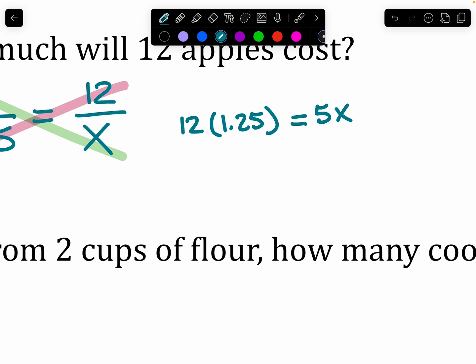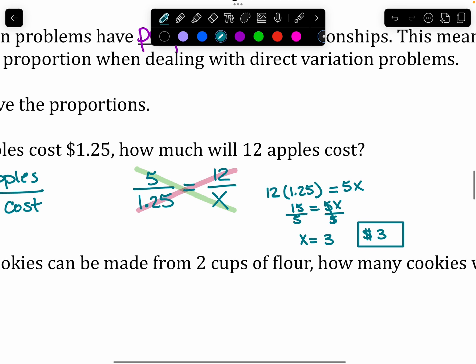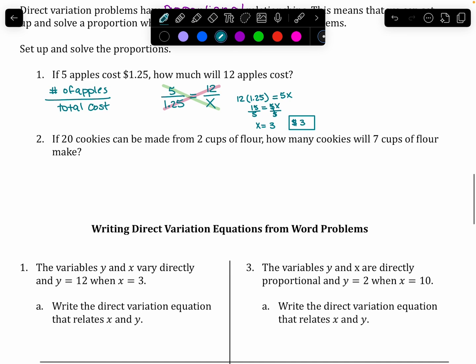When I multiply that together, I have a calculator next to me, so I apologize if you can't see what I'm doing, but 12 times 1.25 gets me 15, and that's going to equal 5x. And then we divide both sides by 5, and you get that x is equal to 3. So what that means is, sorry, I can't write and talk at the same time. That means that 12 apples will cost $3 because the ratio will be the same as 5 apples costing $1.25.